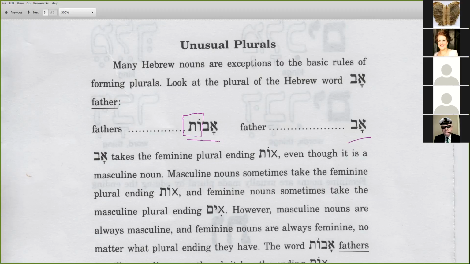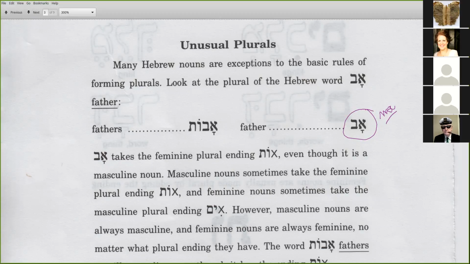Av, avot. And yet we know for sure that av is masculine. Okay, so let's look down here. Av takes the feminine plural ending ot, even though it is a masculine noun. Masculine nouns sometimes take the feminine plural ending, and feminine nouns sometimes take the masculine plural ending im.